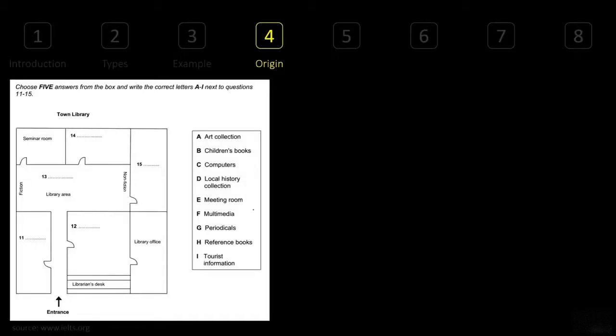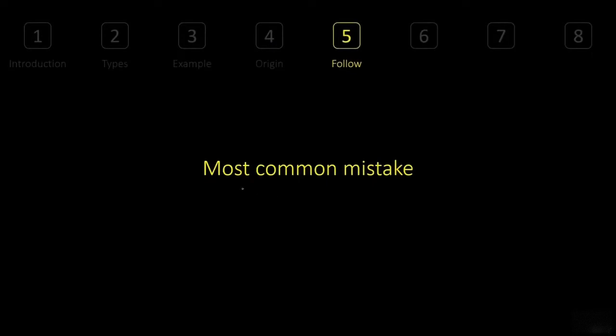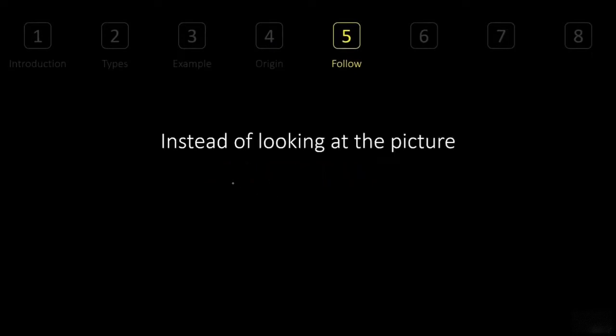Okay, so let's take an example here. If the audio is being played from here, you should be knowing. What if the audio starts from, all right, we are at the librarian's desk. You should be knowing. Pay close attention to the initial part. That's really important. Okay. Now the second one is most common mistake is people don't follow the instructions.